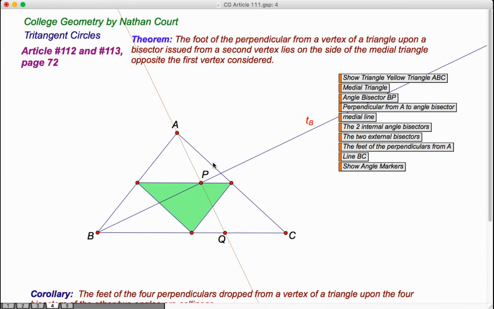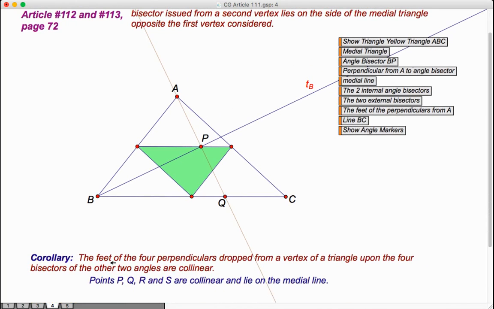So the corollary: is P the only point that lies on the side of the medial triangle? Well, the feet of the four perpendiculars dropped from a vertex of a triangle upon the four bisectors of the other two angles are collinear.